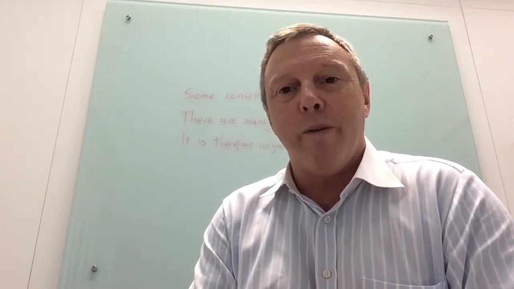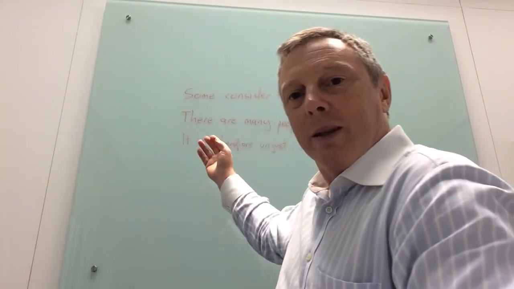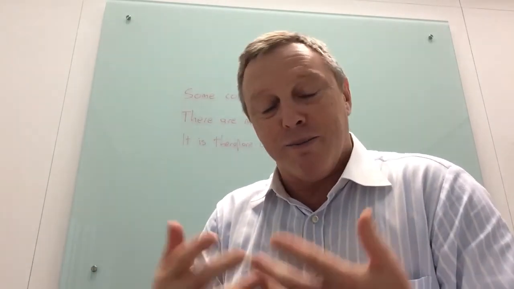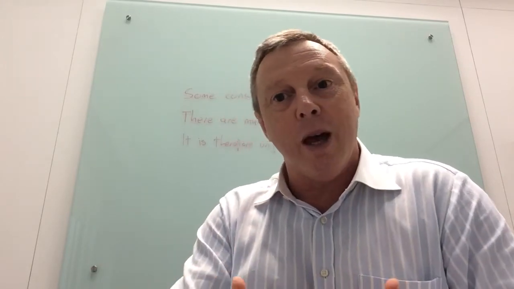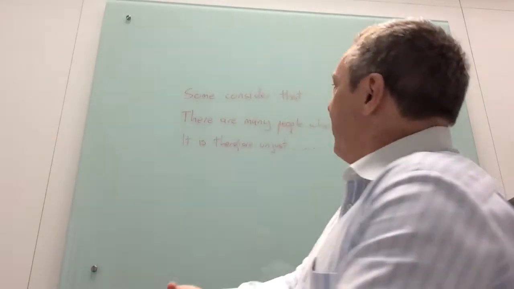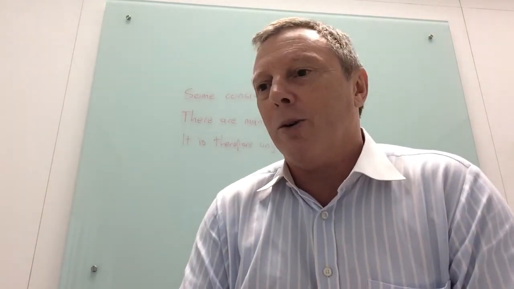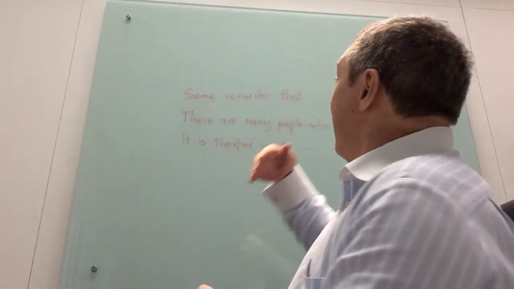Now, in order to avoid that, what I need to do is to use some devices to make sure that when I make these other points, I'm doing so without crossing that line. And so the way that I would do that is I would start in the same fashion. Some consider that there should be no automatic entitlement to free healthcare.